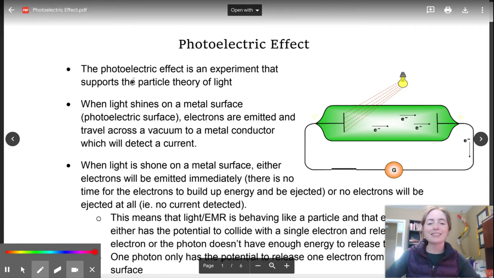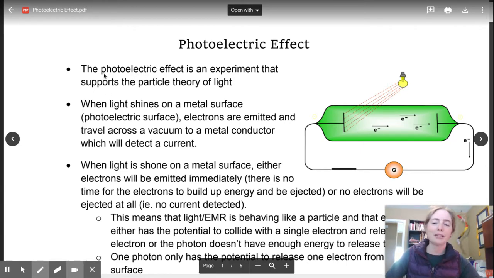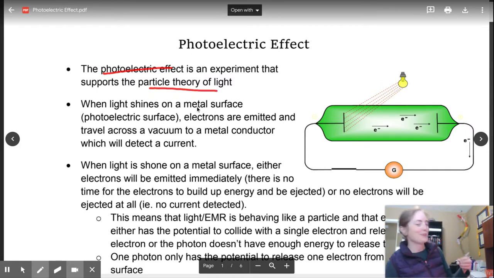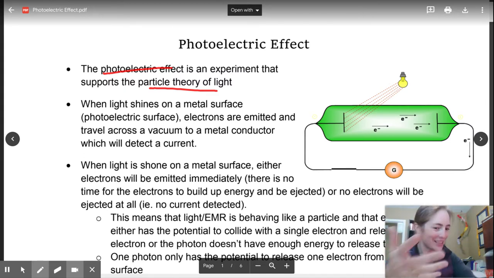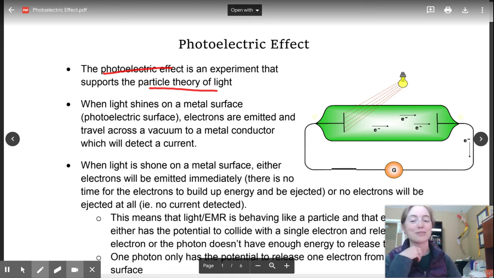So, ladies and gentlemen, the photoelectric effect is a concept that is going to support the particle theory of light. This is another one of those big pieces that shows that light behaves both as a particle and as a wave. How electrons are responding in the photoelectric effect shows that light can also behave as a particle.